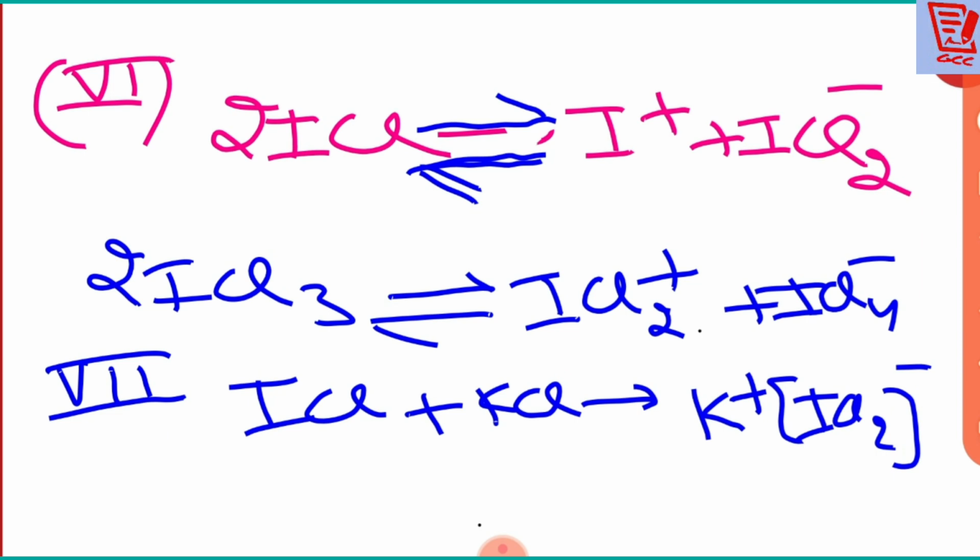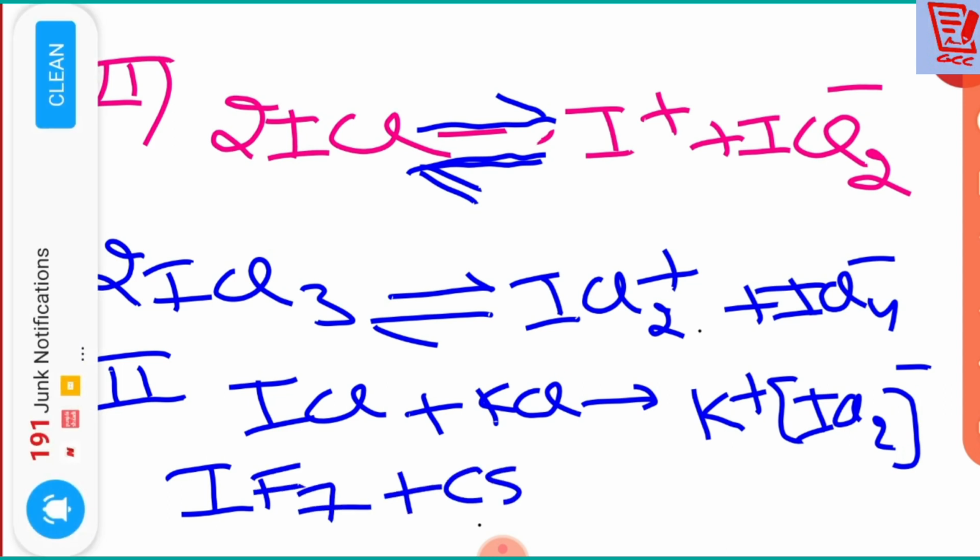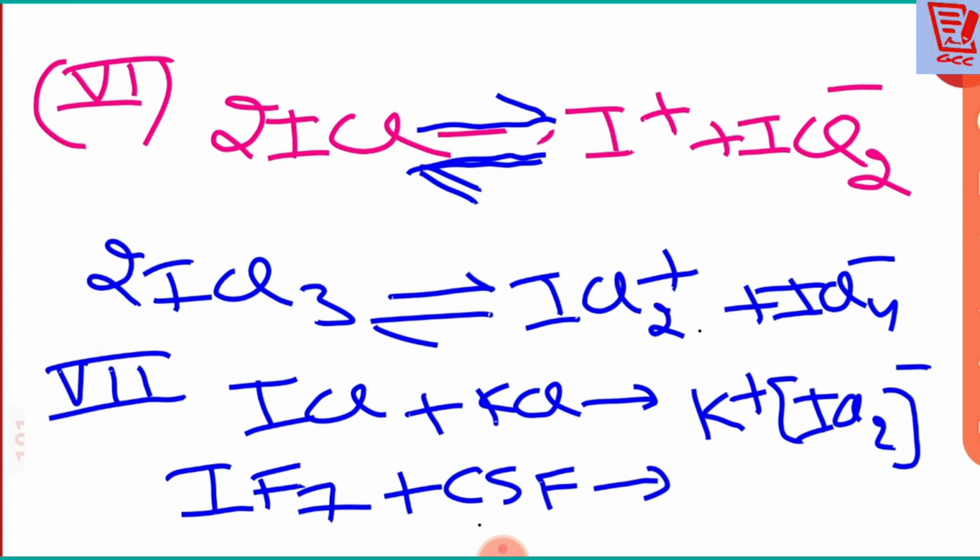This is the polyhalide they make. Suppose I take IF7 with cesium fluoride, cesium is also an alkali metal, and we get Cs+ IF8-, like this.